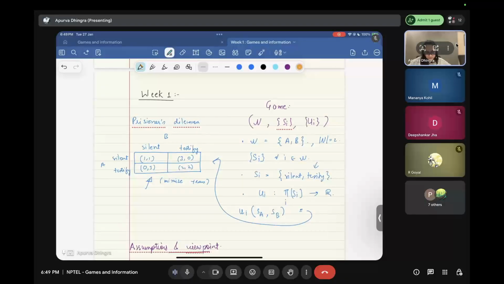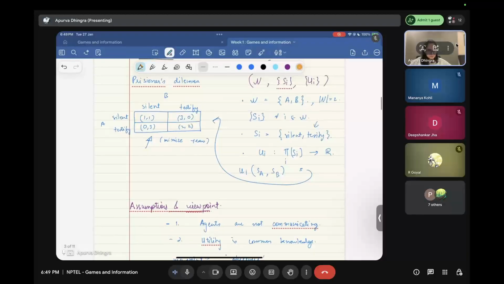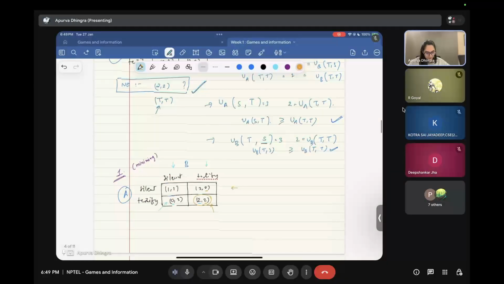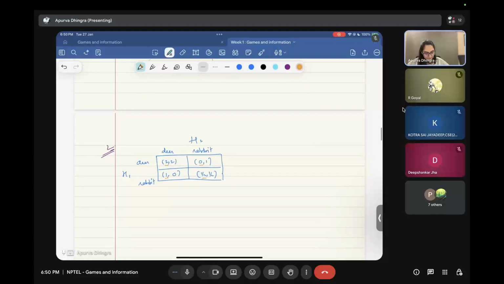Okay, so let's move forward if there are no further questions here. Let's take other matrices. This was the simplest one. There could be other scenarios, like for example this one. There are two hunters, they have gone to hunt and they have two options, either to hunt a deer or a rabbit.